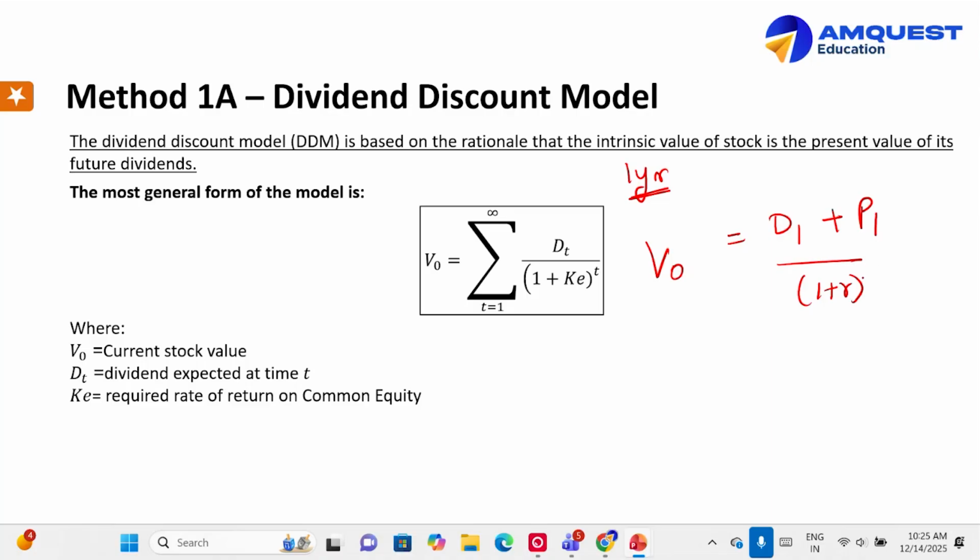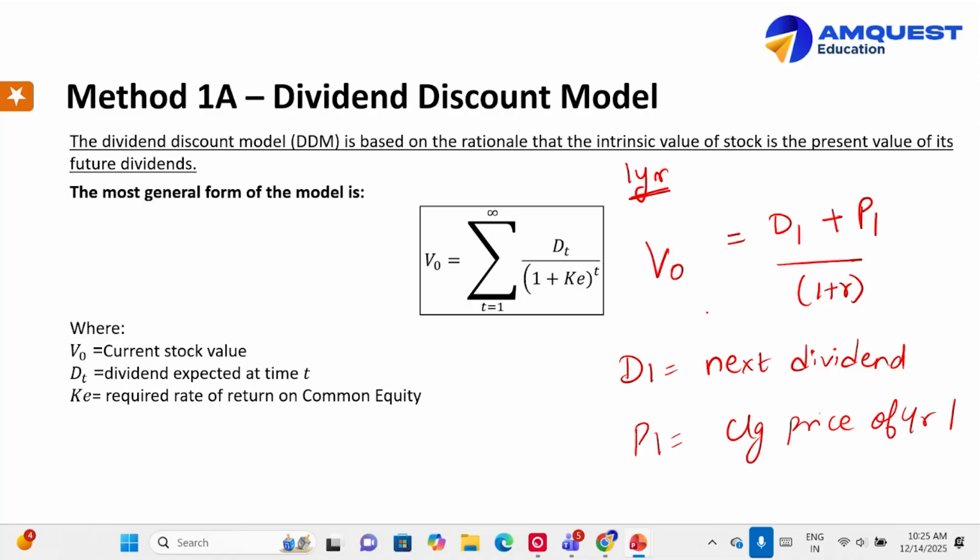So D1 is the next dividend, and P1 is the closing price at the end of year 1.